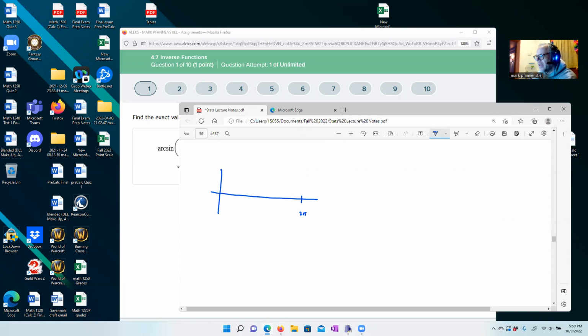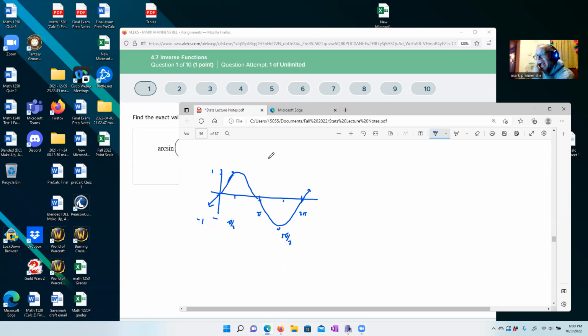Here's 2 pi, pi, pi over 2, 3 pi over 2. It's 1, negative 1, so going ahead and drawing our sine value here. And notice that this goes on and on and on forever.